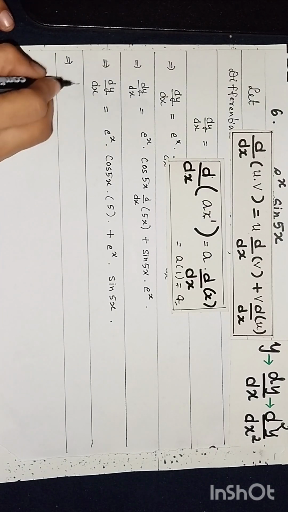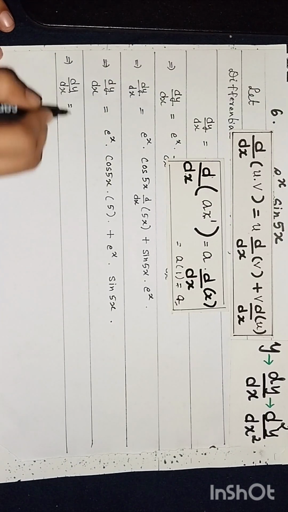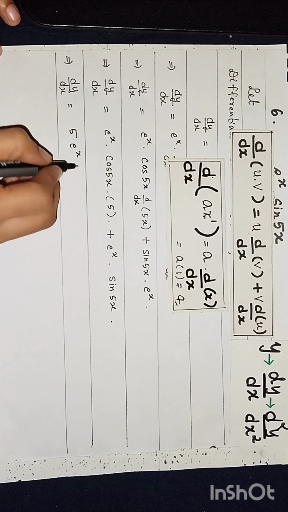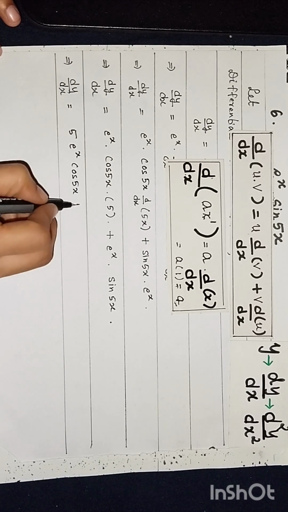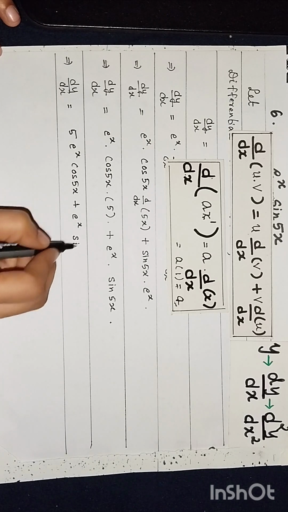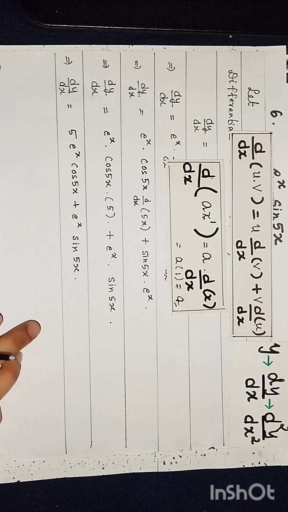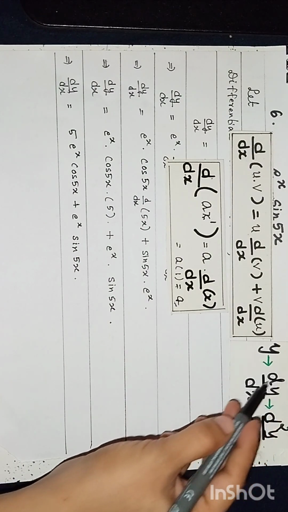So this implies dy by dx is equal to 5 e power x cos 5x plus e power x sin 5x. Now this is the first order derivative.